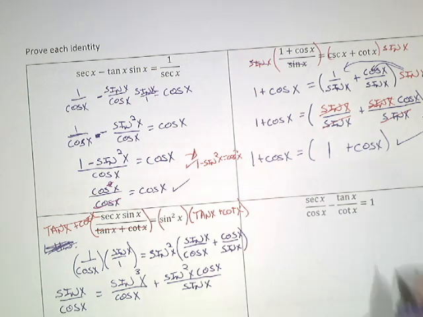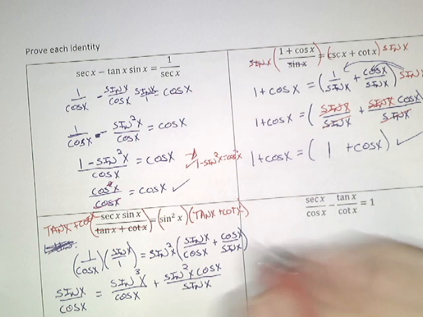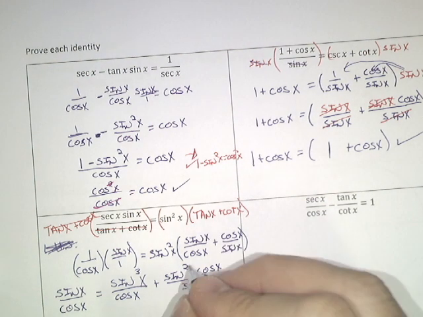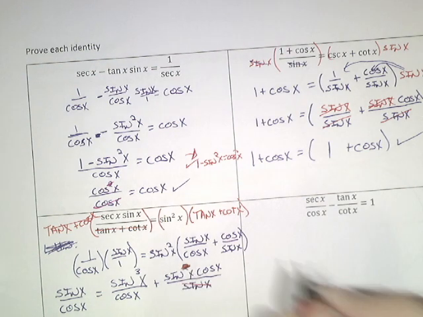Okay. So let's simplify some stuff here. One sine x will cancel out one sine x up here, leaving sine times cosine.